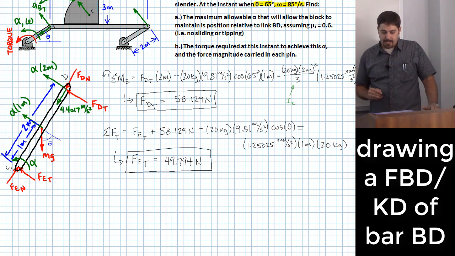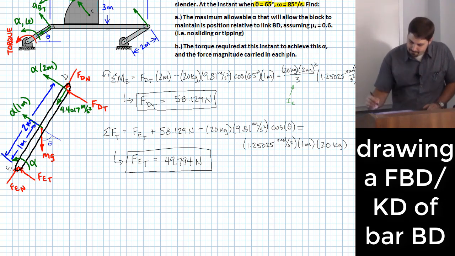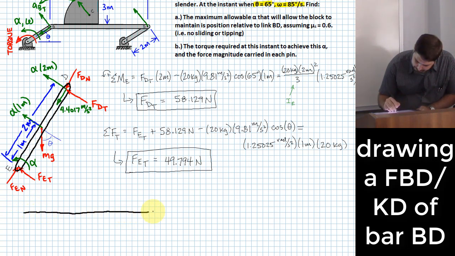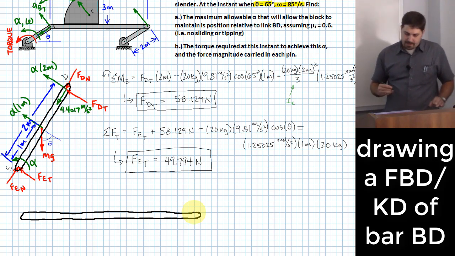One of them is link BD. Let me draw a free body diagram of link BD. Trying to make these plenty large. I think that helps us kind of see everything on them a little bit better.